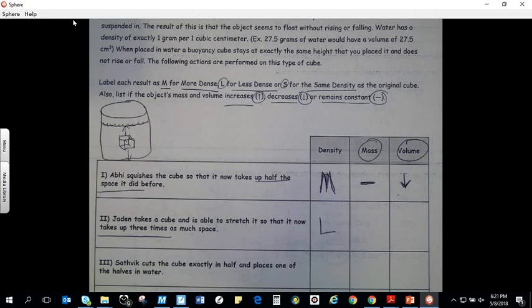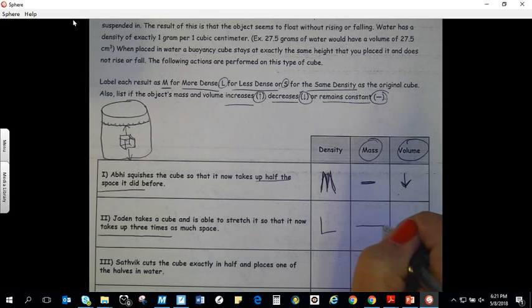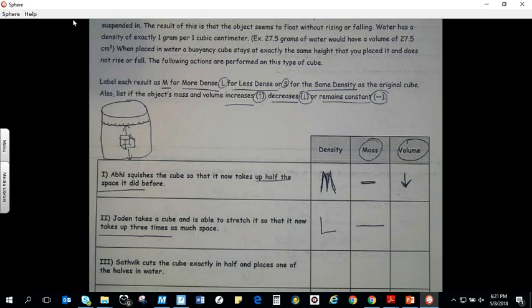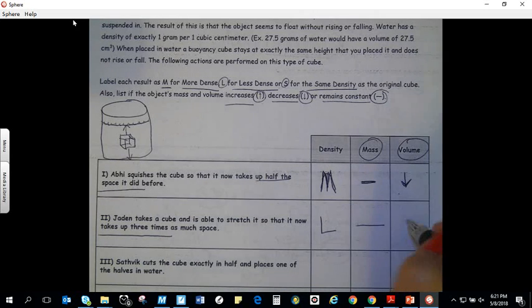The mass still stays the same because whatever's in it is still in it. Doesn't matter if you stretch it or squish it, still the same amount of mass. However, the volume, because it's been stretched out, is going to hold more. So that increases.